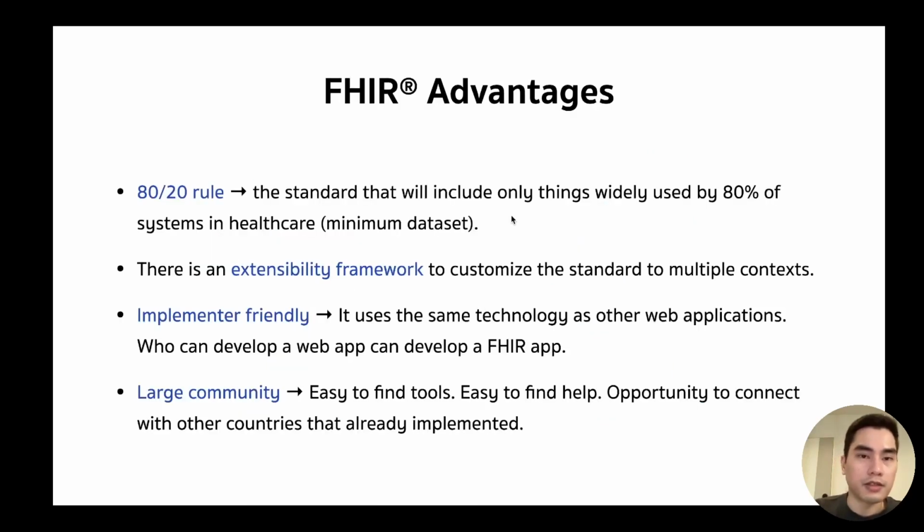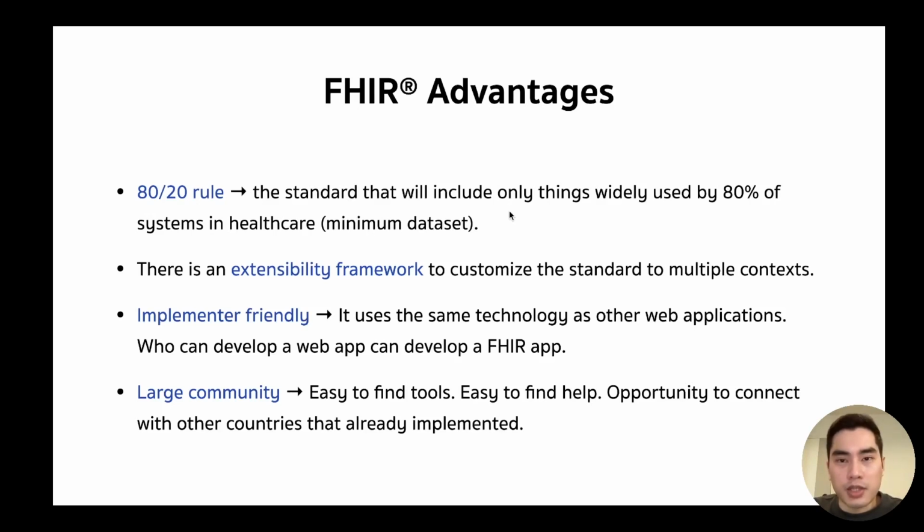And here are the advantages of FHIR. FHIR uses the 80-20 rule. It means that the standard will include only things that are widely used by 80% of systems in healthcare. This is called the minimum data set. This approach is different from other standards like HL7 v3 or OpenEHR. I would not say which one is better.